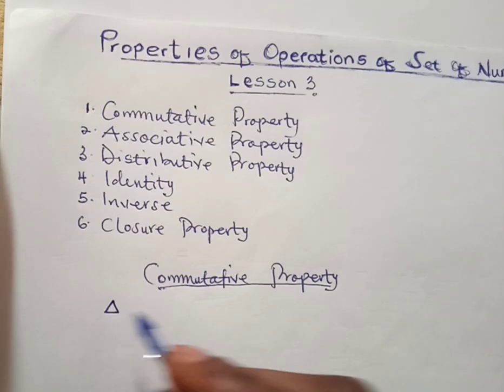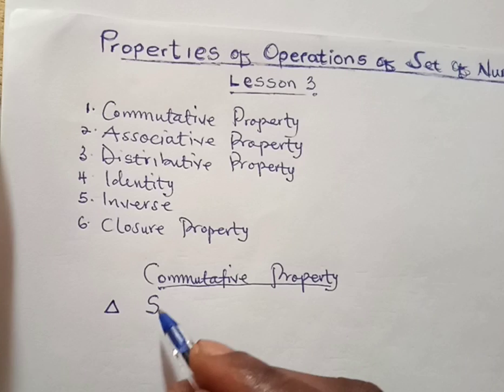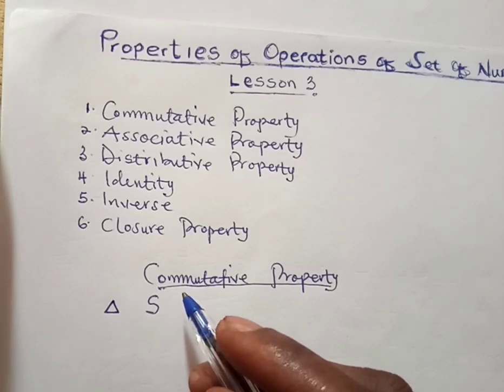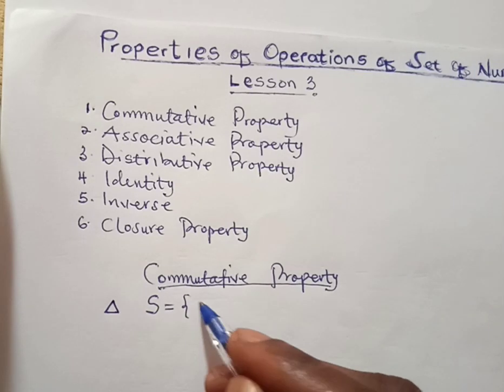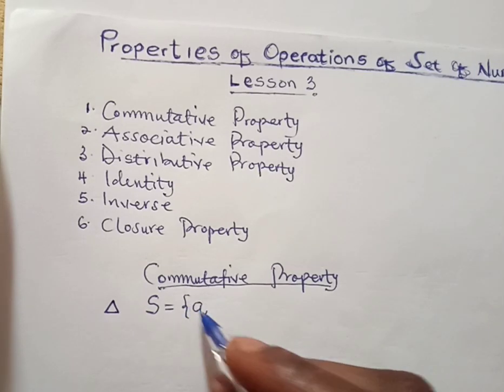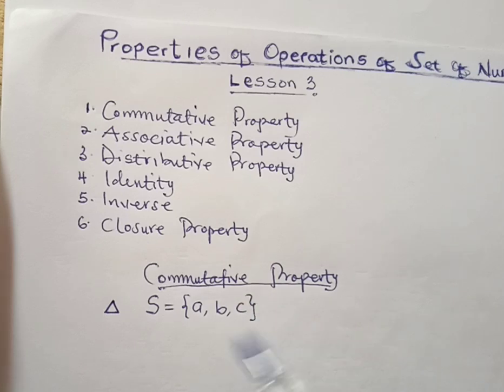Let's say we have set S, which is equal to A, B, and C. These are the elements we have in set S. So we have this operation defined on this set.